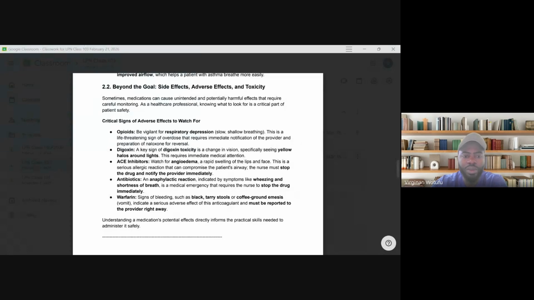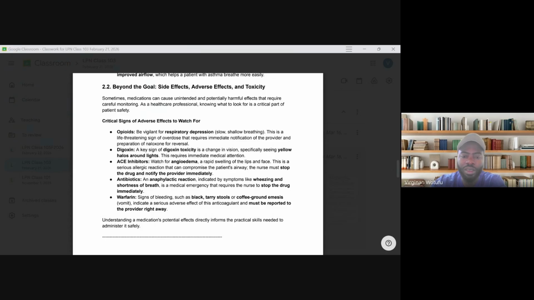So here we have critical signs of adverse effects to watch for. Like we have opioids, and you have to be vigilant for respiratory depression, right? This is an adverse effect, okay?